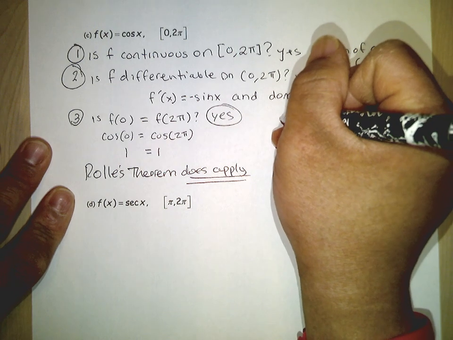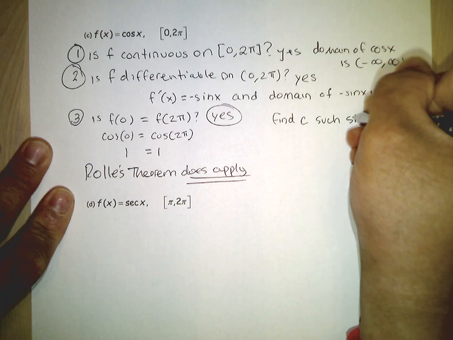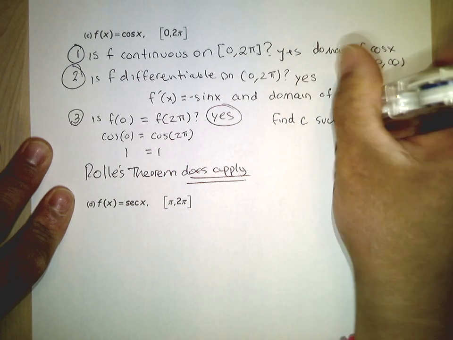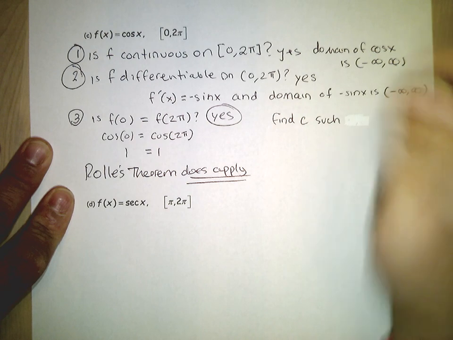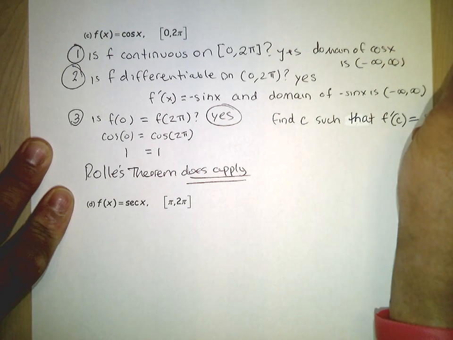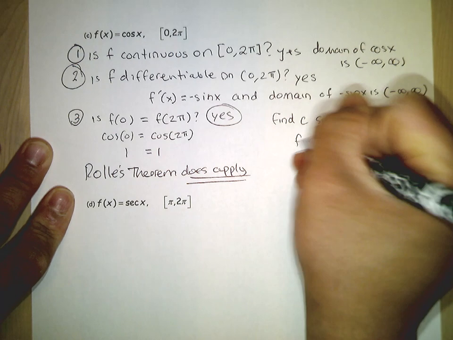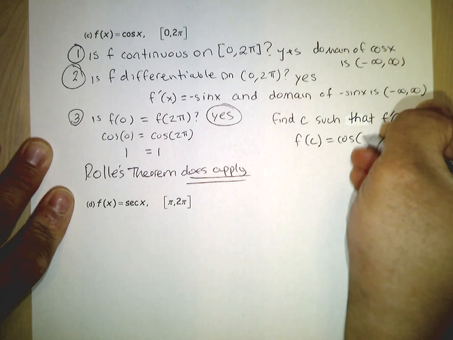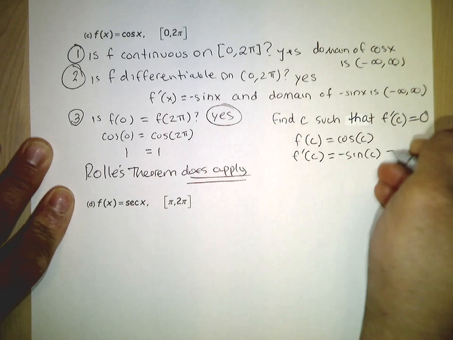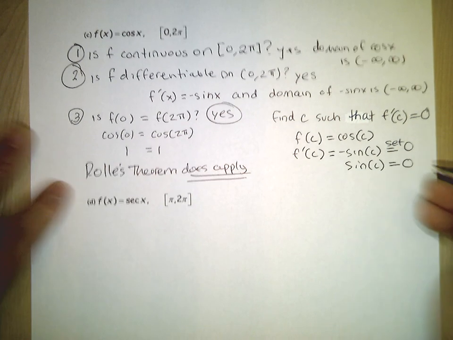So now we're going to find the c such that f prime of c is equal to 0. So here we have f of c is cosine of c, so f prime of c is negative sine of c. I'll set this equal to 0, so sine of c is equal to 0.